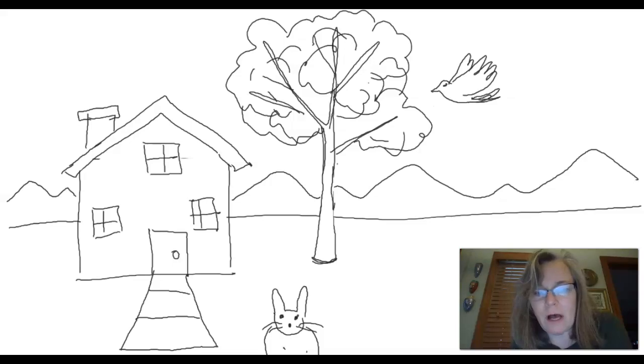Because they're higher up, there's distance this way, we know that this window is further away than this bunny rabbit.